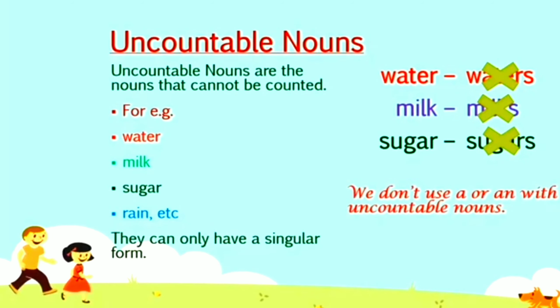We don't use a or an with uncountable nouns. We don't say an oil or a rice because these nouns are uncountable. We cannot count them.